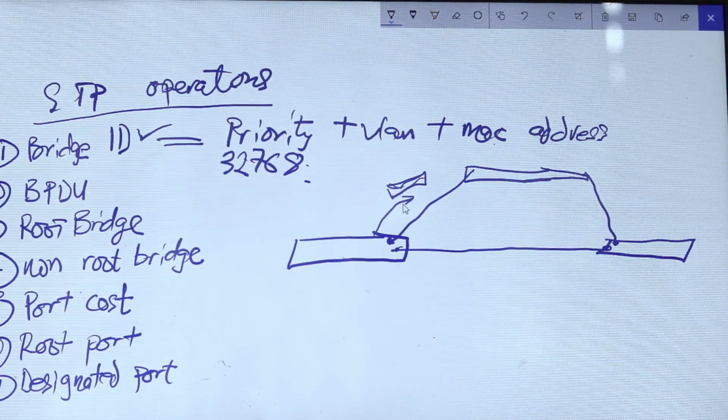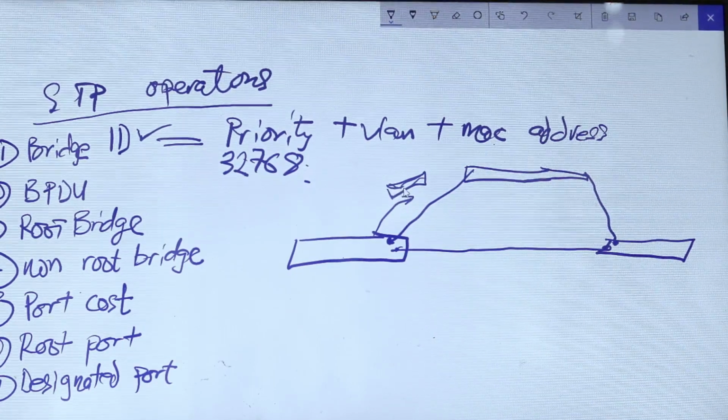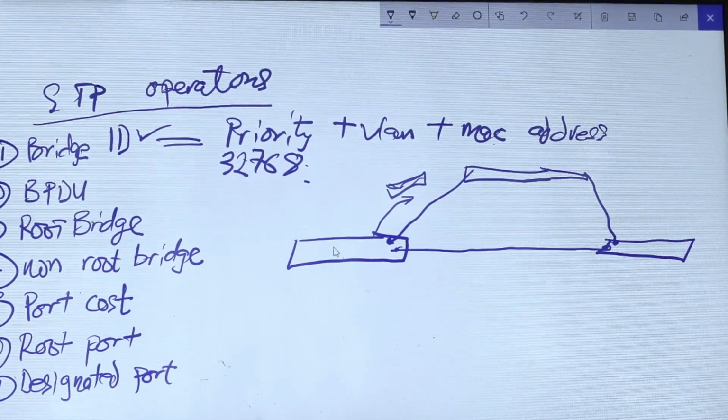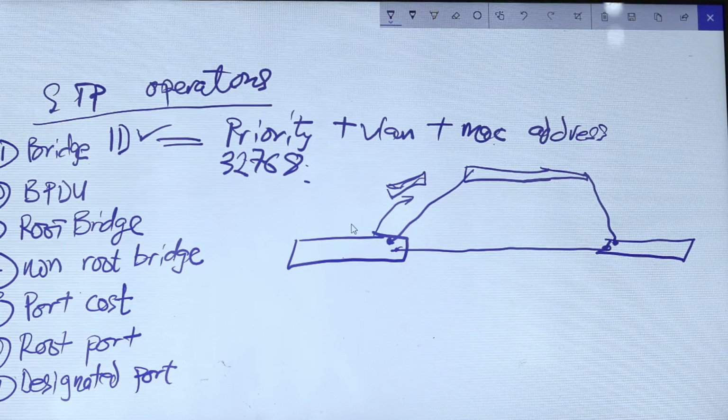They exchange BPDUs. BPDUs contain every bridge or every switch ID.